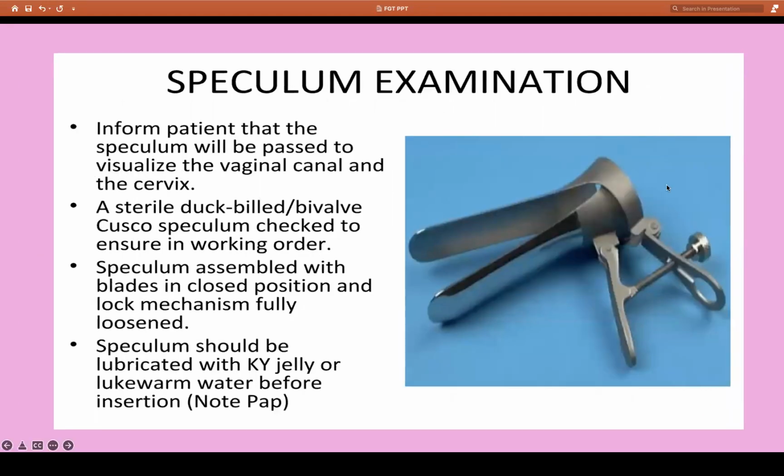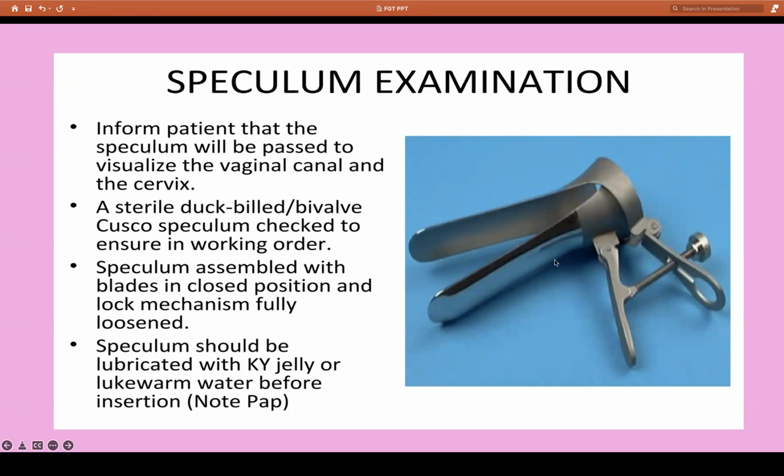This is the speculum, Cusco's speculum, bivalve speculum, whatever you say. This is a metallic one. These are the blades. When you introduce it, you close the blades and enter. In nulliparous women, usually you enter it vertically initially. After entering, rotate it and bring the valves up, if she is in supine position, and open the valves.